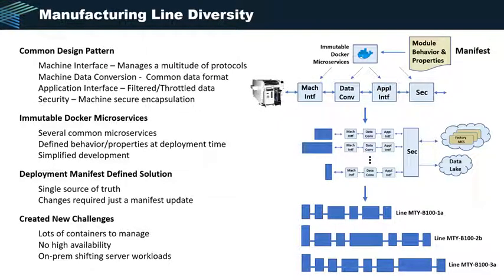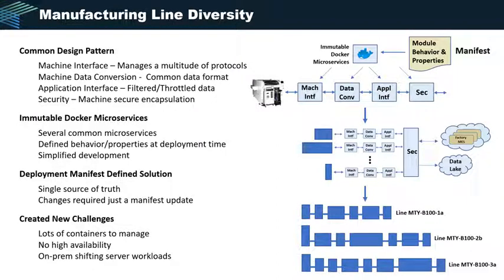So this was the common data pattern that we saw, and one of the interesting things about it is we created these containers that we called immutable Docker microservices. The containers are generic, and we define the behavior and the properties of the module using desired properties in the manifest.